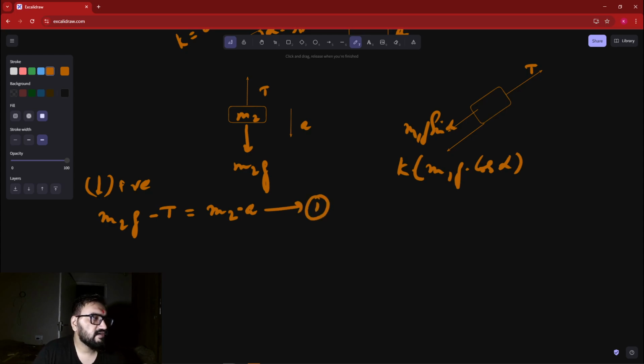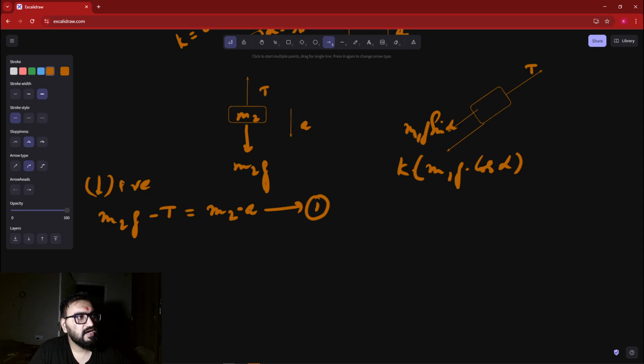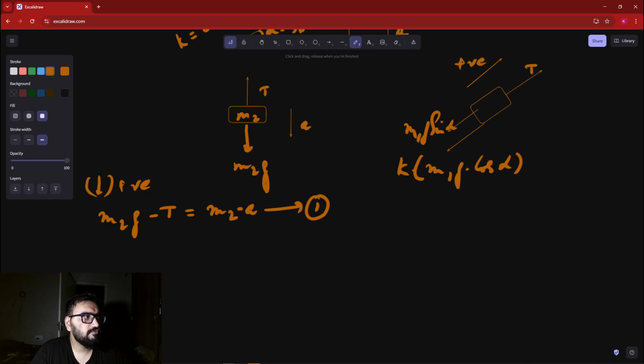And if I write down the equation for this body, I'll assume this as my positive direction. So all the forces acting along this direction would be positive. So I'll write T minus m1g sine alpha, minus k times m1g cos alpha. I'll put that term in brackets: k times m1g cos alpha.